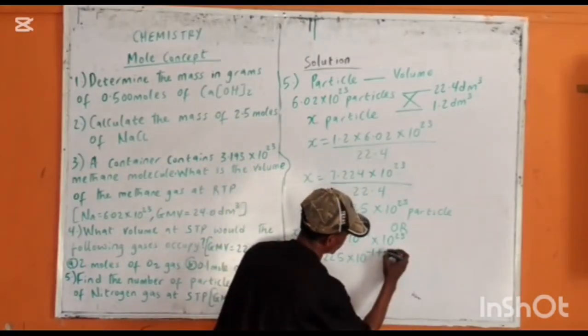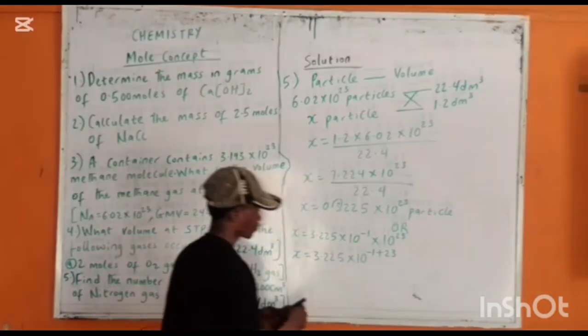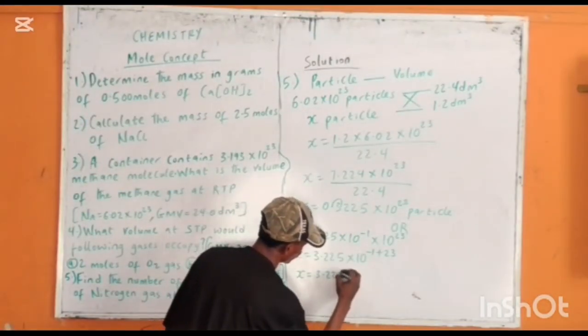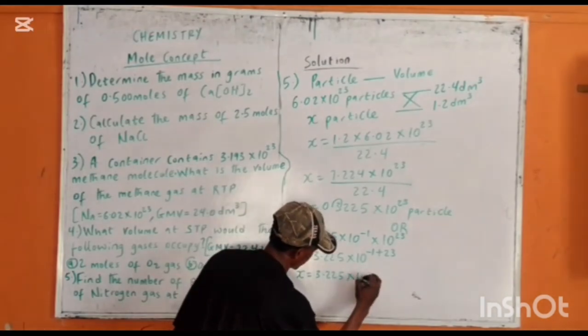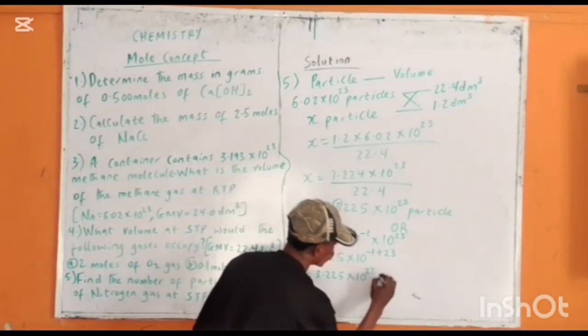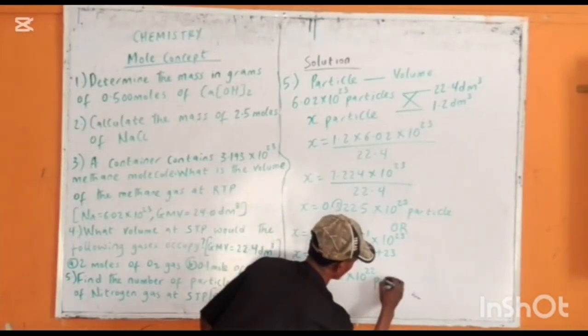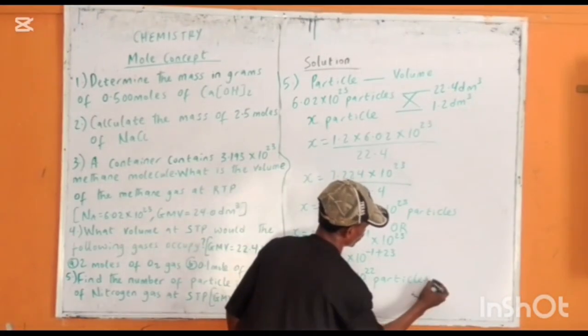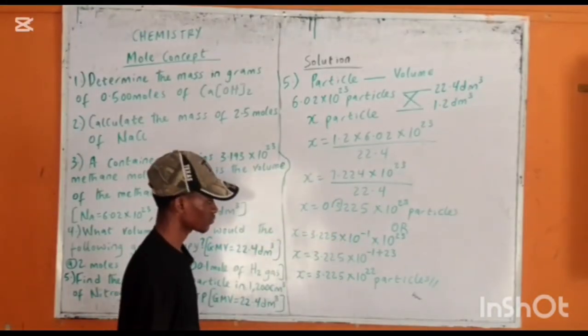Plus 23. So finally I have x equals to 3.225 times 10 raised to the power what? Minus 1 plus 23. I have 22 particles as my final answer.